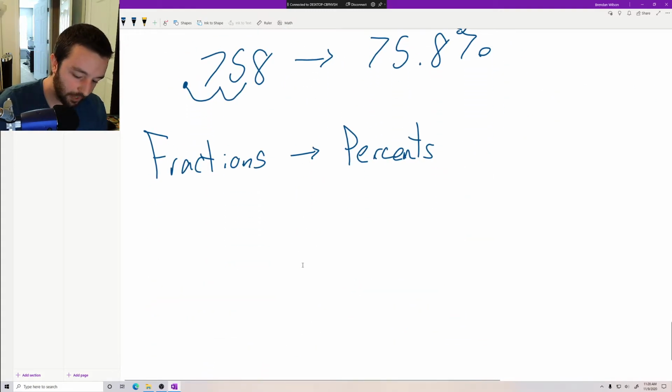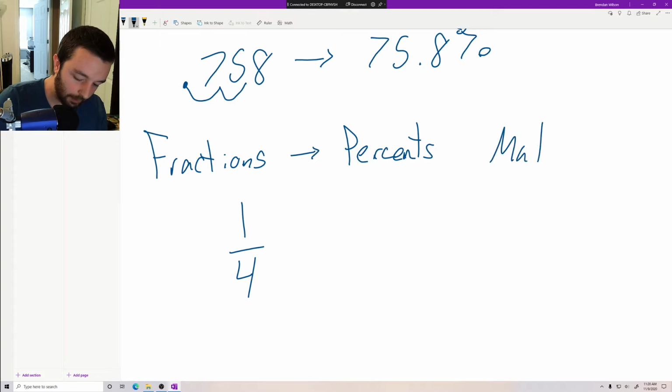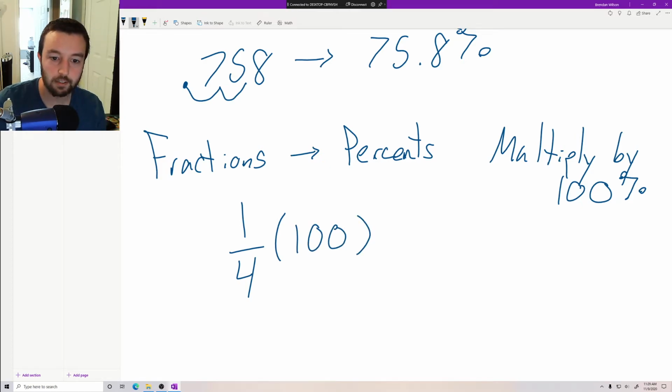To go from a fraction to a percent, say with 1/4, we should multiply by 100. It's usually written as multiply by 100%. Okay. So we take 1/4 and we multiply by 100%. You can use the parentheses notation or the dot notation or whatever you want.